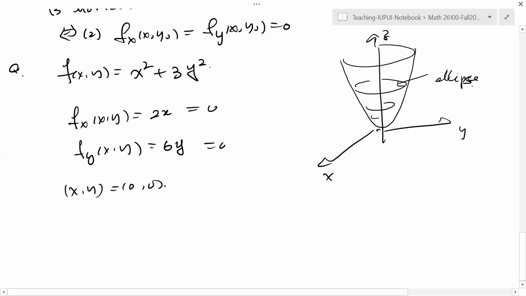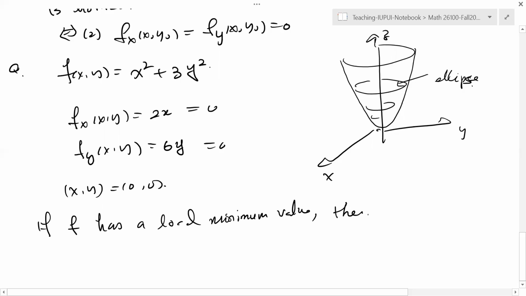So if the function has a local minimum value and it only occurs at this point, then you don't need to look at other places.